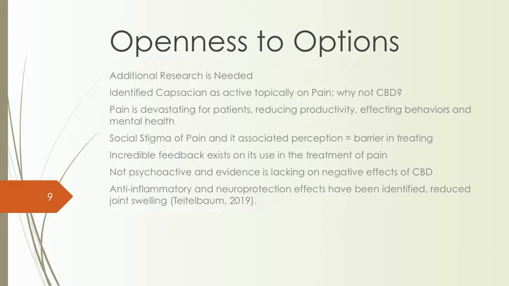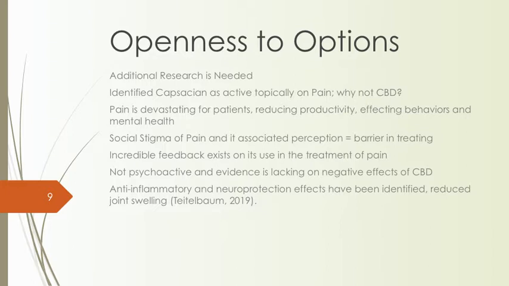We have to have an openness to options, I believe, as healthcare providers. There's no question that additional research is needed. And I do believe, from everything that I've read, that the research does continue a lot in Europe. However, it has picked up pace here in the United States. When we think of alternative therapies, back when they came out, we thought, wow, that sounds kind of like crazy science or a mad scientist.